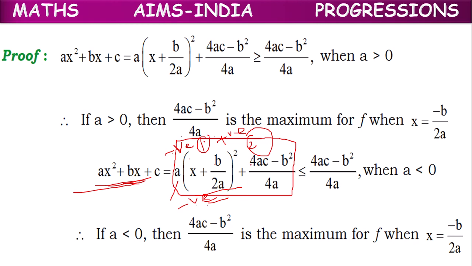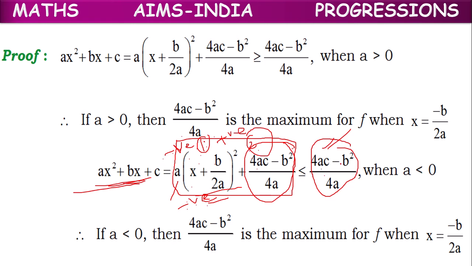This negative value minus 4ac minus b square by 4a. So if it is 0, it is equal to this one. If it is minus, it will be less than this one. The sum of 1 and 2 will be equal to 4ac minus b square by 4a or less than it, because we have a negative value as the first value. If it is 0, the sum of 1 and 2 is equal to the second one. If the first value is negative, the sum of 1 and 2 is less than the second one.